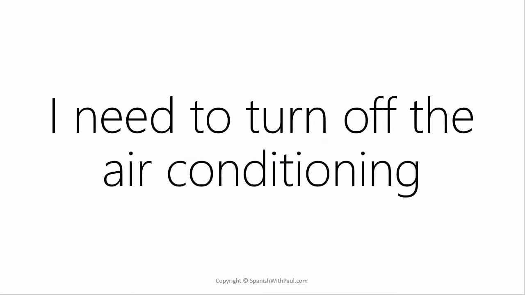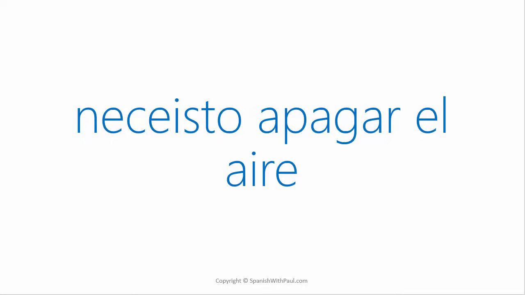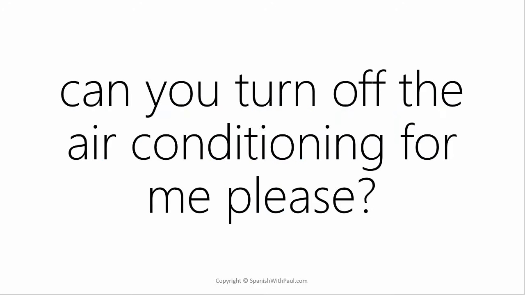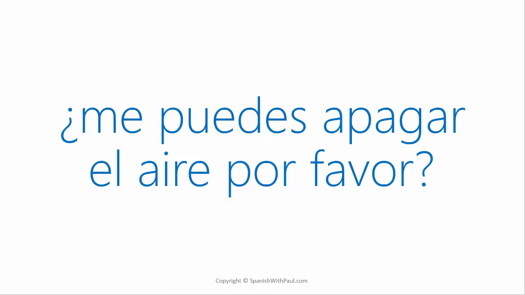Now try to say, I need to turn off the air conditioning. Necesito apagar el aire. What about asking, can you turn off the air conditioning for me, please? ¿Me puedes apagar el aire, por favor?